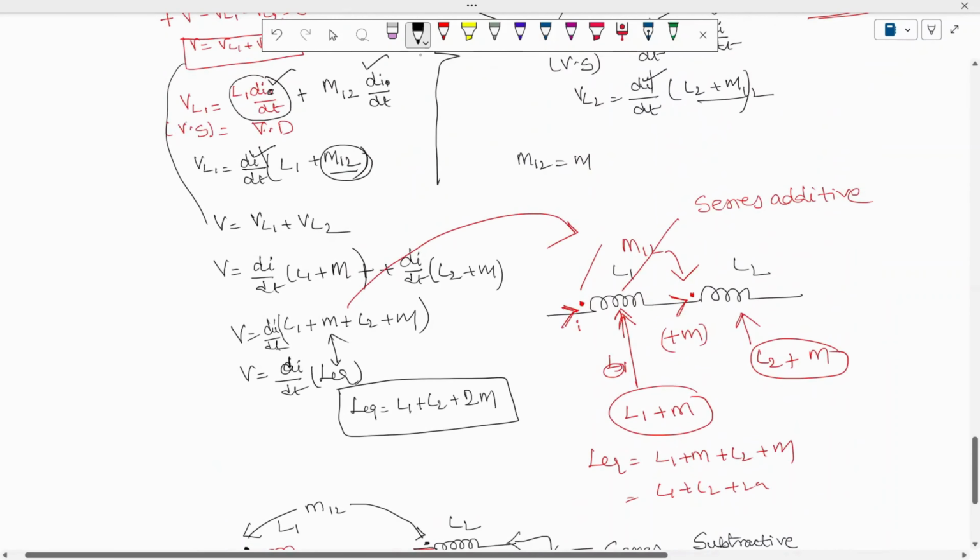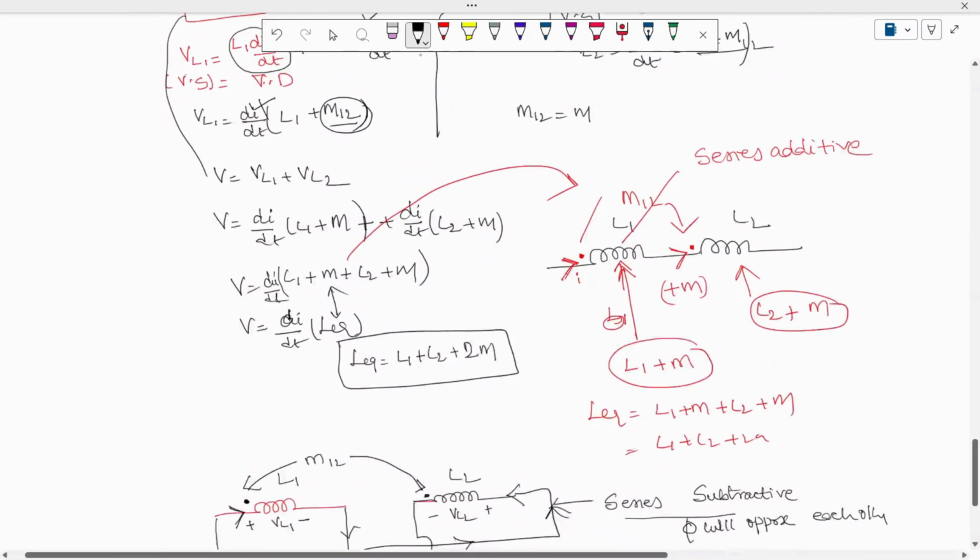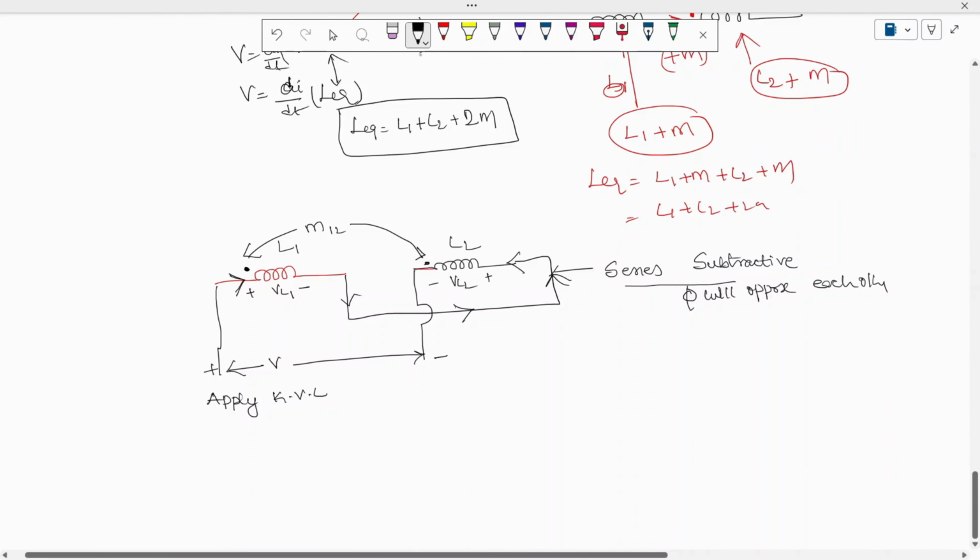In the earlier case the current was entering the dots, but here for one coil the current is entering the dot, and for another coil the current is leaving the dot. Therefore I can call this a series connection only, but subtractive, where the fluxes will oppose each other.